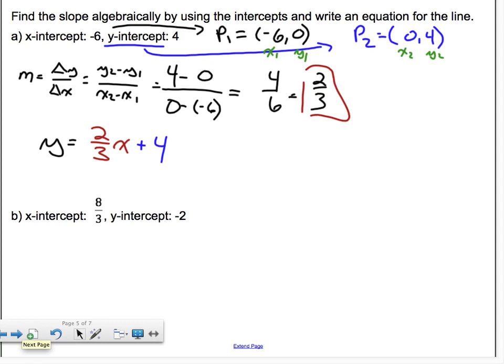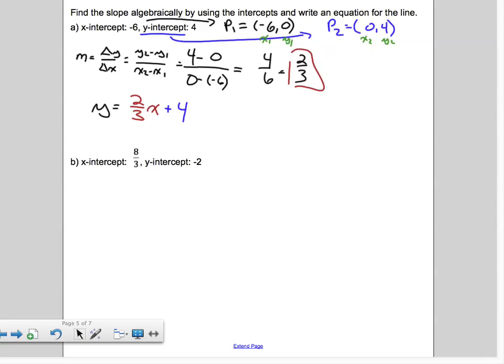Okay. The second one's a little bit harder. Do you want to try that on your own or work through it together, since it's got a fraction in there? Let's work through it together. Nothing wrong with that. Because we're given 2 points, let's explicitly state what those points are. So here is my point 1.